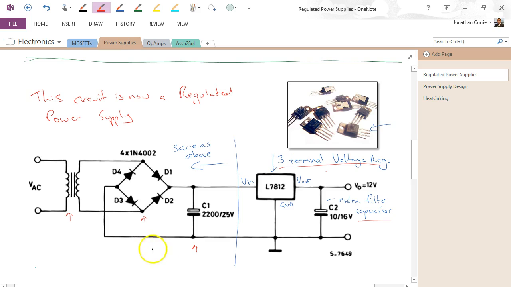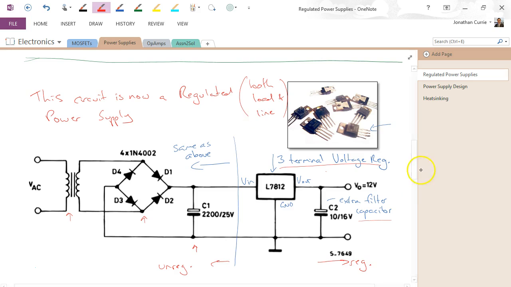And we've now turned everything on this side is unregulated, everything on this side, well, basically from this point on, I should say, is now a regulated power supply. So we've actually fixed this problem. This is regulated both load and line.